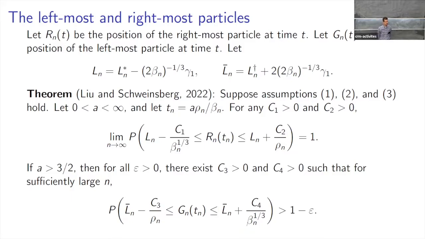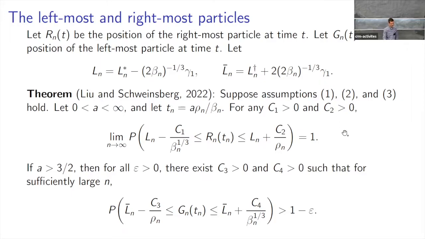Now we also have a theorem about where the rightmost and leftmost particles are located. So let's let Rn of t be the position of the rightmost particle at time t, and we'll let Gn of t be the position of the leftmost particle at time t. Recall that we had defined this quantity L, which was just a little bit above Ln star, remembering that gamma 1 is negative. And I'm now going to define L bar to be just a little bit below Ln dagger.